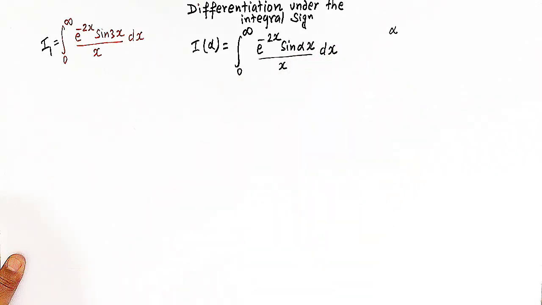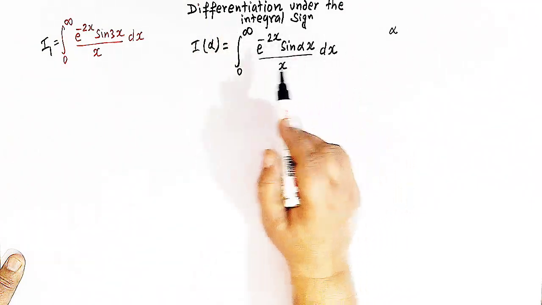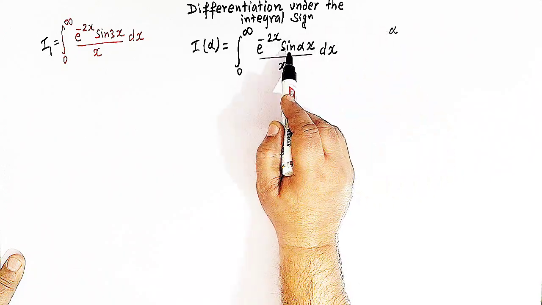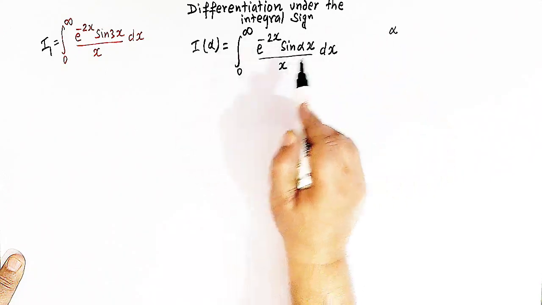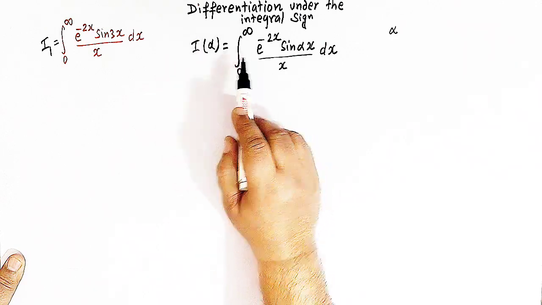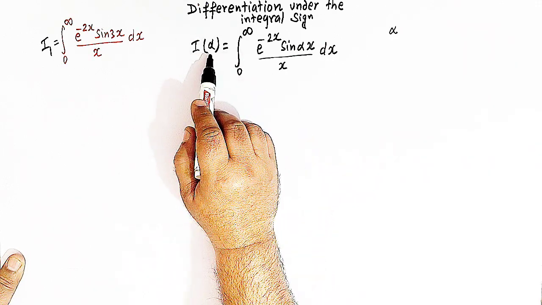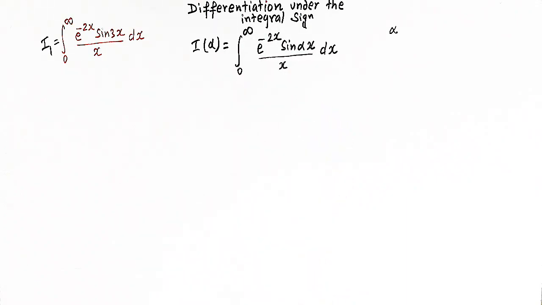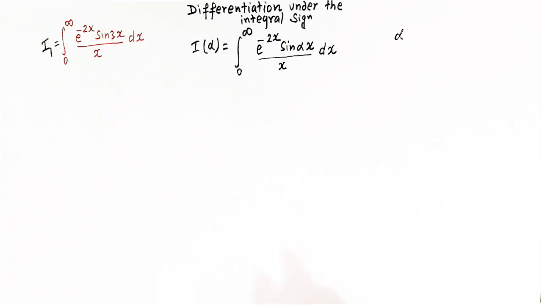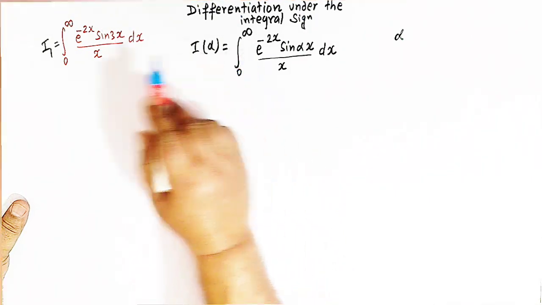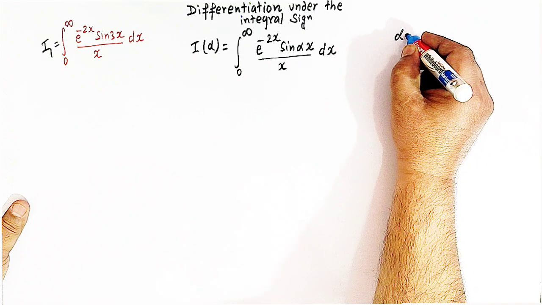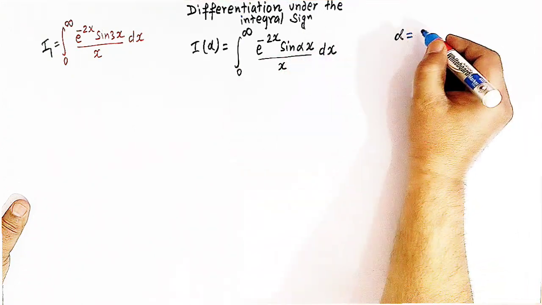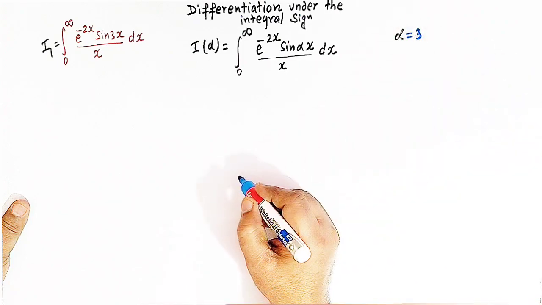So the important thing about this method is that we introduce a suitable parameter to a suitable function, right? And we create a new integral, that is I of alpha, that is equal to this integral. So now the equivalence of this integral and this integral can be obtained by taking a particular value of alpha, and in this case alpha is equal to 3, right?